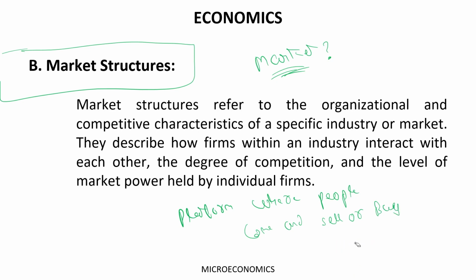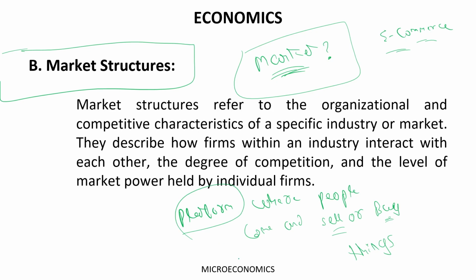So in official terms, market is basically a platform. It is not necessary that it should be some physical place. Your e-commerce website, whether it's Amazon, Flipkart, ShopHunk, whatever you are using, these are also markets, because either someone is selling something or someone is buying something, and it's a platform.